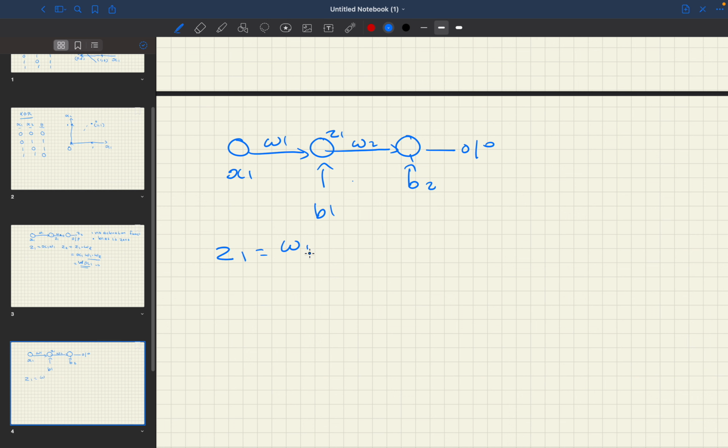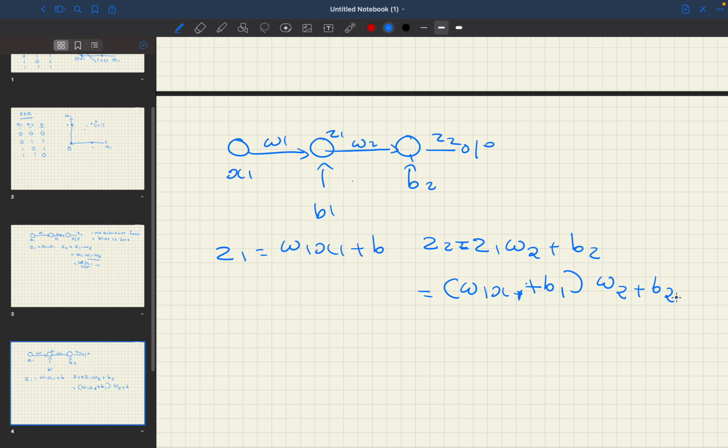We know that Z1 will be W1 X1 plus B1. What will be Z2? Z2 will be Z1 W2 plus B2. Here Z1 is W1 X1 plus B1, then times W2 plus B2.